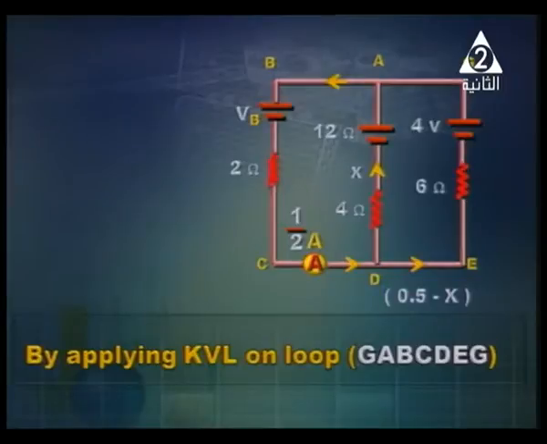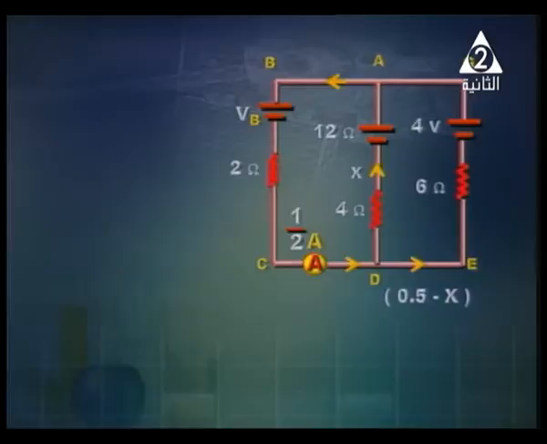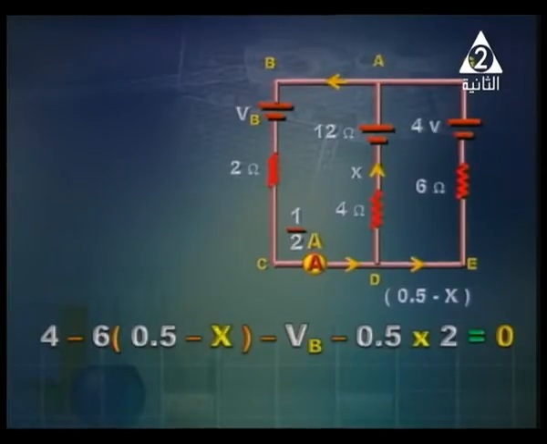When we apply Kirchhoff voltage law on loop G, A, B, C, D, E, G, we'll obtain the following: 4 minus 6 between 2 brackets, 0.5 minus x, minus V battery, minus 0.5 times 2, all equal to 0.